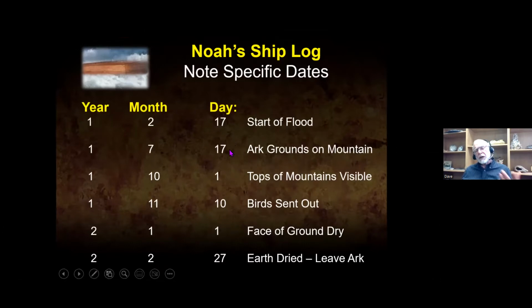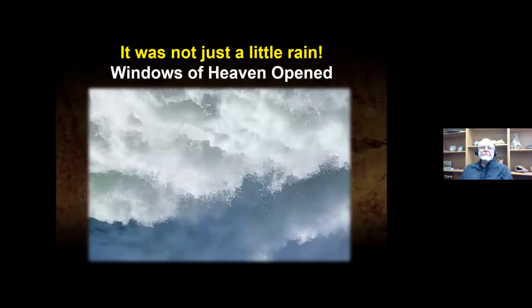And you can find out that Noah was on that boat for approximately 371 days, more than a year. These are the specific dates, and I call it Noah's ship log because he's writing it. Now, all of these other accounts are probably being borrowed from Noah's ship log. That's what I would expect.